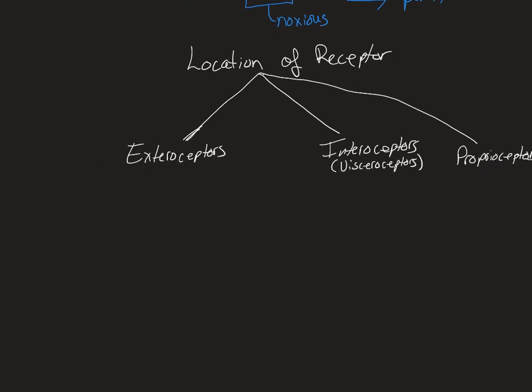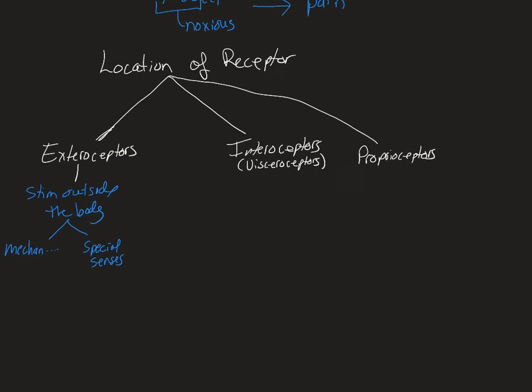So obviously exteroceptors are all about stimulus outside the body, so things that are hitting the surface of your body. These tend to also fall into the category of either mechanoreceptors, and or some of the special senses, so like photoreceptors, some of the chemoreceptors, those kinds of things.